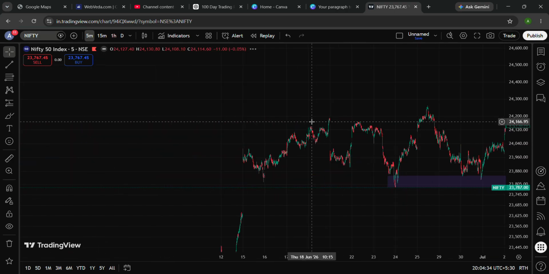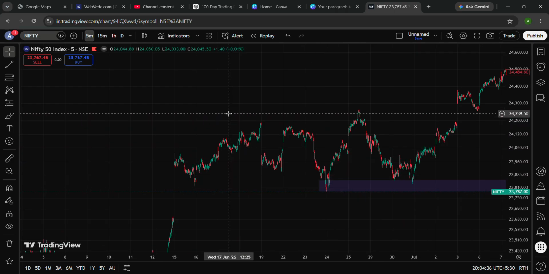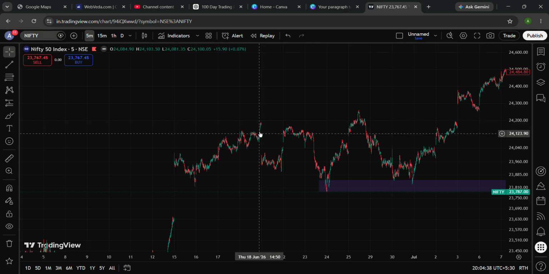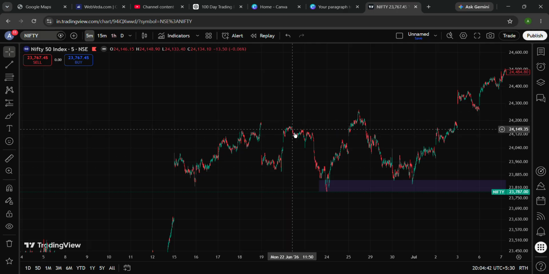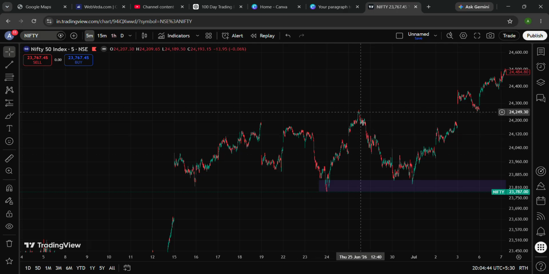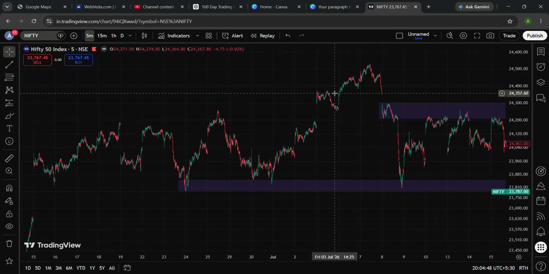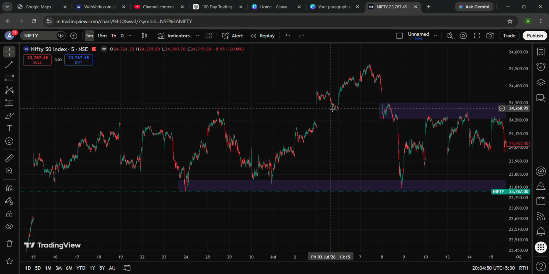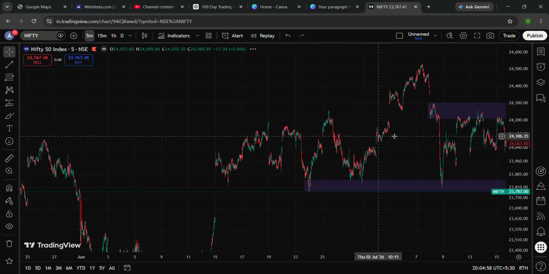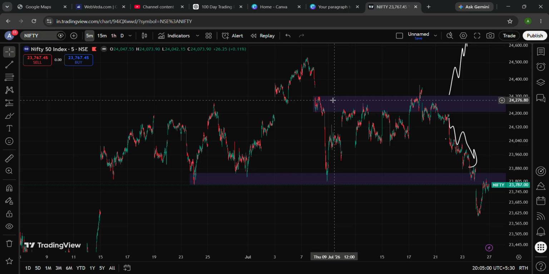So again, if you see, this is where I can see the positions where the price couldn't break and again pulled back. Again, this is the position, again, this is the position. And if the price breaks, then this is the time when it takes the support zone from the same resistance zone which the price couldn't break. So this is the same support zone.